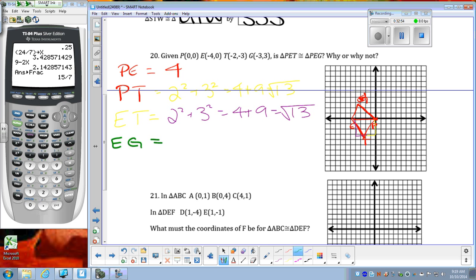For EG, I went up 3 and over 1. 1 squared plus 3 squared, 1 plus 9, which is 10. And then I need PG. PG, I went up 3 and over 3.